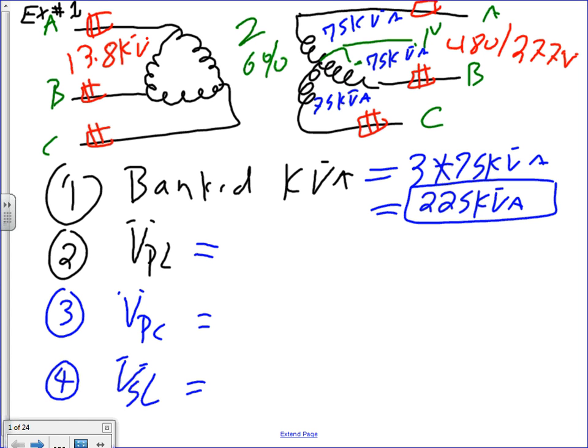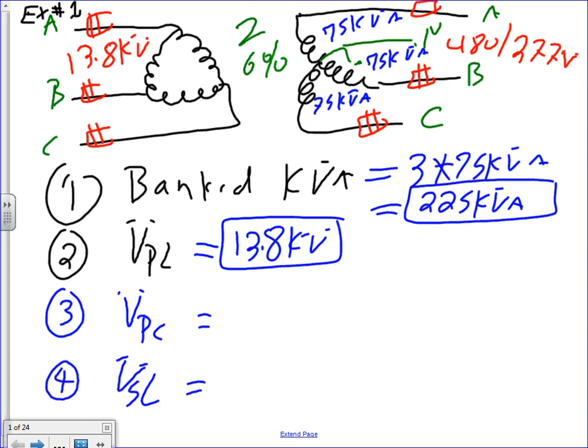Okay, in a delta, the coil voltage and the line voltage are what? Identical, right? Look at the voltage. You take the voltmeter, measure from here or measure from here. Would you get the same thing? Yeah, you get 13.8. So what's the coil voltage for this system? This baby is 13.8 kV.